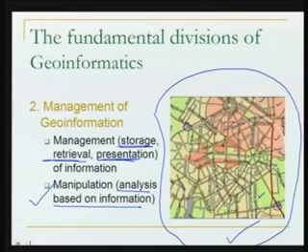Throughout this street network, there are various possibilities. You can take a route like this, or you may like to take a route like this. If the question is which of these two routes is best, you need to analyze this information. You need to do some kind of network analysis. That is also a part of geoinformatics.